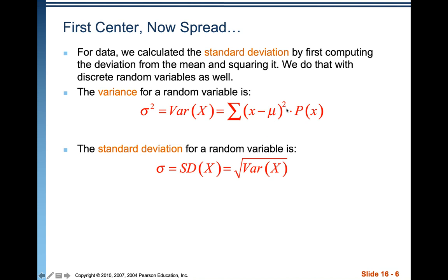We're going to square that, and then multiply by the probability of x, and then go to the next value for x and do the same process and so on. That sum is going to give us the variance. To find the standard deviation, we will then take the square root of the variance.